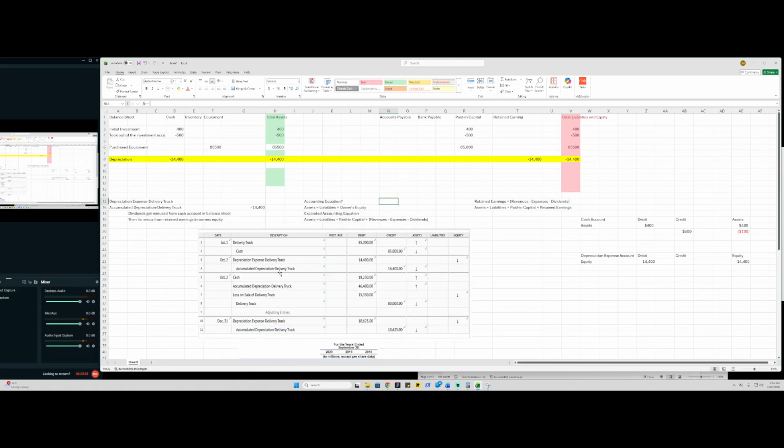But that's what it looks like when you write journal entries for depreciation. That's very important. How do you calculate depreciation? Whether it's straight line depreciation, double declining, or based off units of activity. This is depreciation for assets.